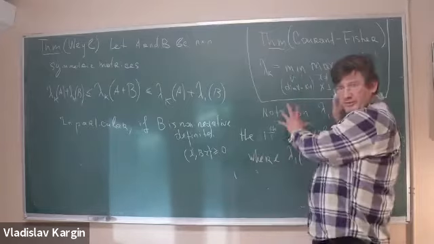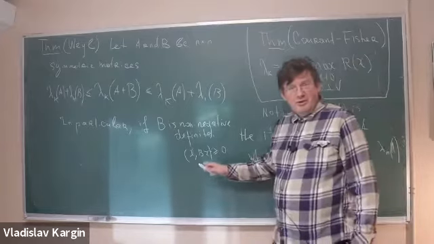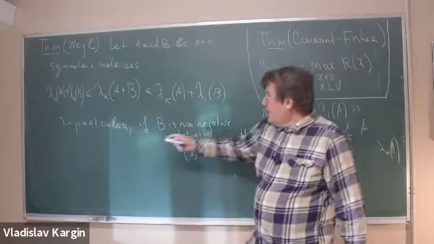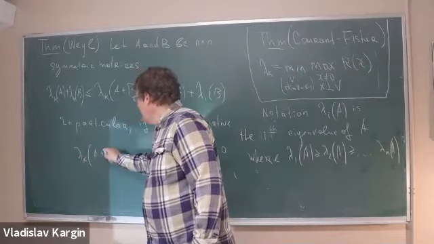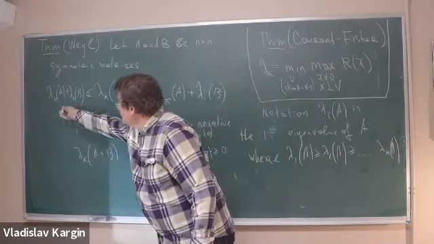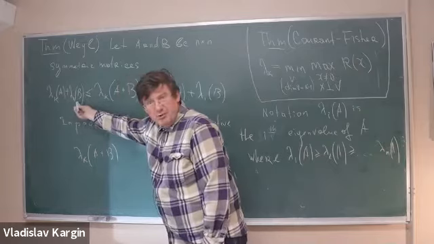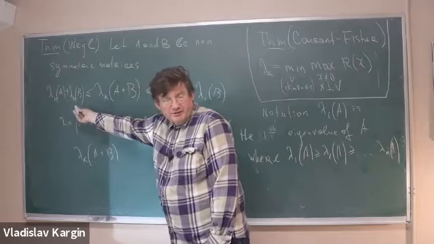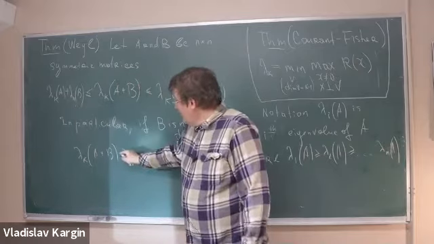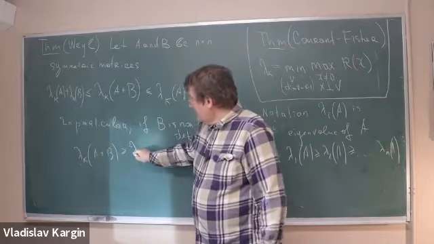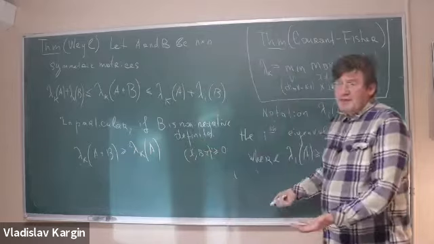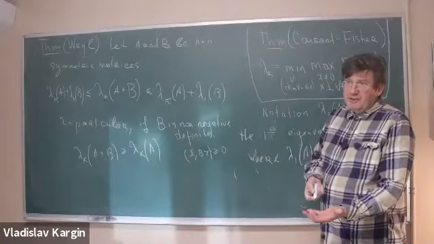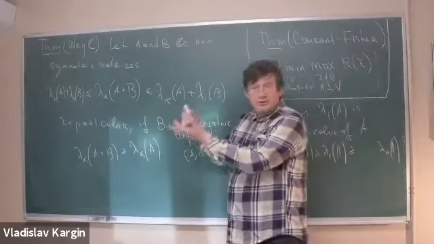You can easily prove it. So then in this case, let us use this inequality: lambda n, the smallest eigenvalue, is greater than or equal to 0, so lambda k of A plus B is greater than or equal to lambda k of A. If you take a matrix and add a non-negative definite matrix to it, then all eigenvalues will increase.